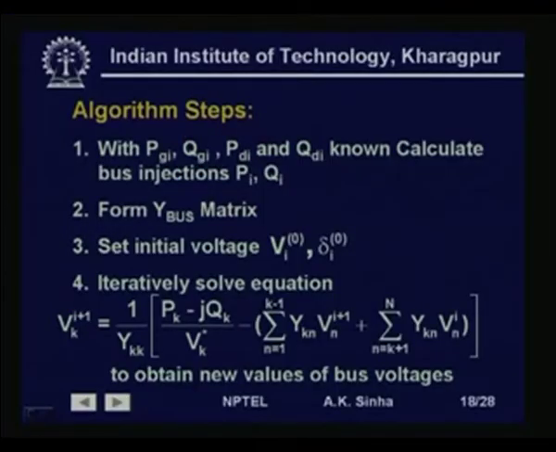Since the new values at the i plus 1th iteration for these voltages are not known, these are the latest values which are available. So, this is done to obtain new values for the bus voltages.